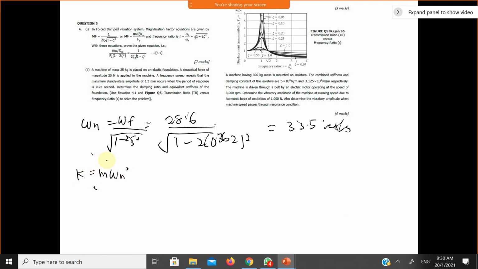So M is 25, omega n is 33.5 squared, and K will be 2.8 times 10 to the power 4. So that is our answer. Okay, and then what else does it ask? That's all, just those two. So that is our answer.